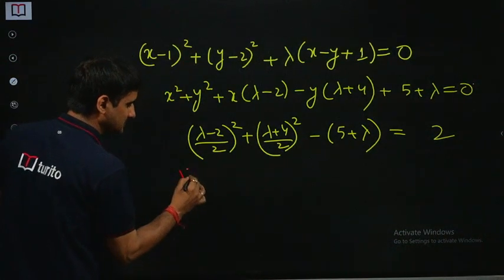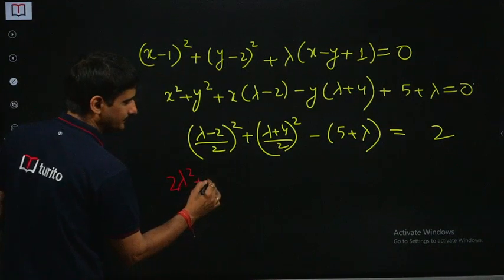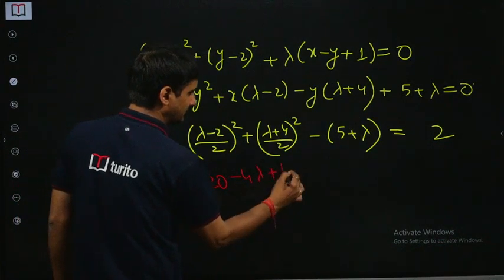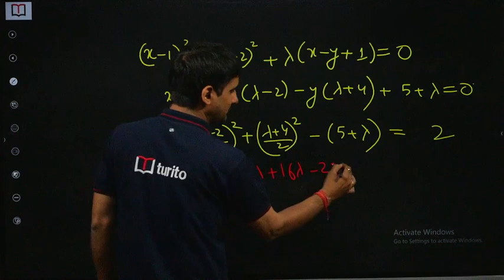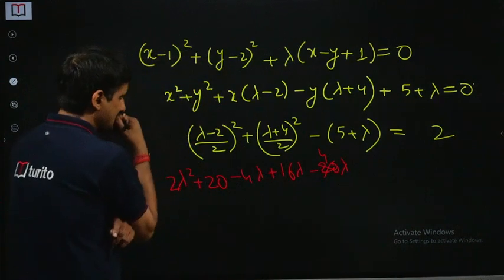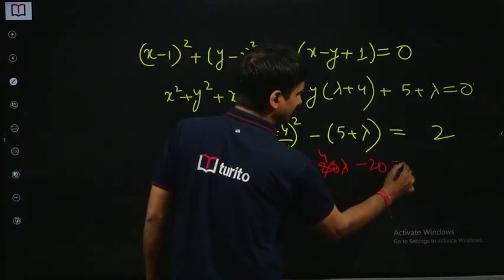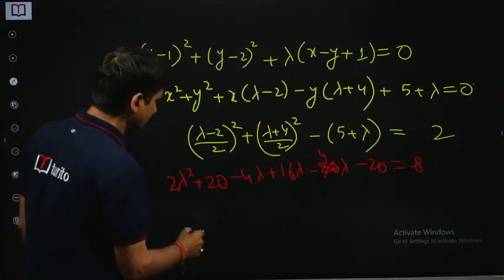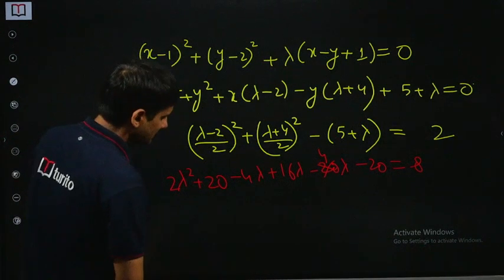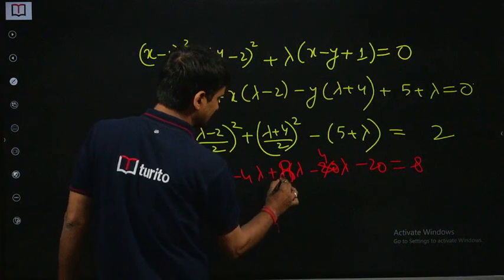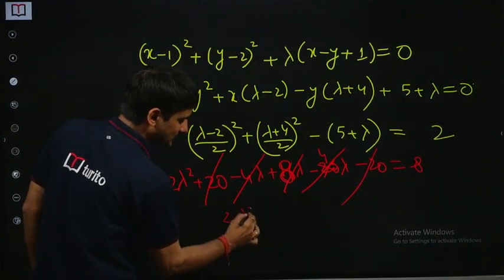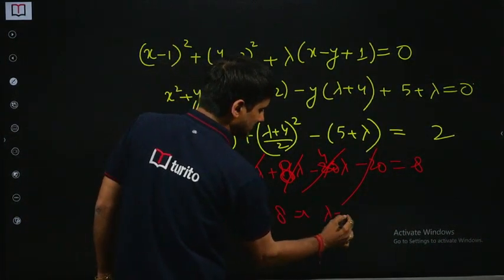So it's lambda square plus 2 lambda square plus 20 minus 4 lambda plus 16 lambda minus 20 lambda, and then minus 4 lambda rather, and then minus 20 is equal to 8 after taking the LCM. The lambda terms and the 20 cancel, so 2 lambda square is equal to 8, so lambda is plus minus 2.